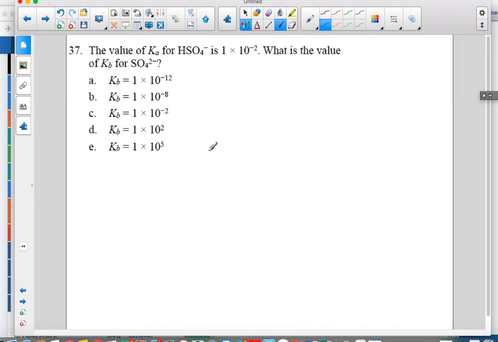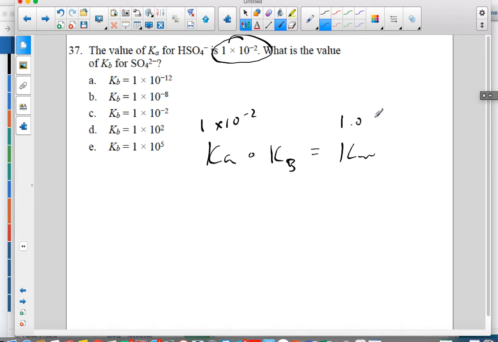Makes your life easier. Remember, Ka times Kb equals Kw, right? So think about this. If they ask you to compare which one's stronger, as this goes up, think about this. Here, I have my value for Ka as 1 times 10 to the negative second. This is my Kw, 1.0 times 10 to the negative 14th. The larger this number is, the smaller mathematically that number is. Because sometimes they'll ask you on the exam which one's stronger, which one's larger.